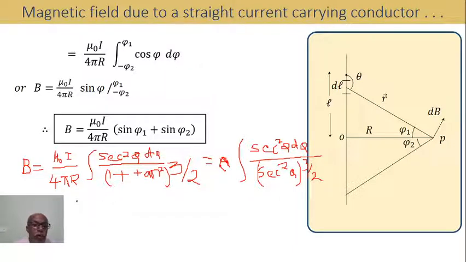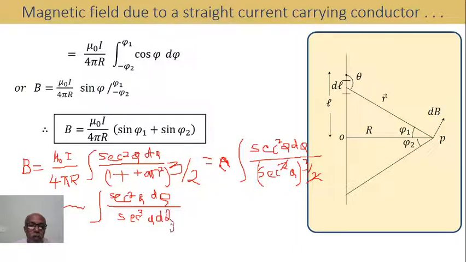Therefore, again B equals the constant multiplied by integral secant square phi d phi, whole divided by, the square root, the half gets cancelled, it has become secant cube phi.